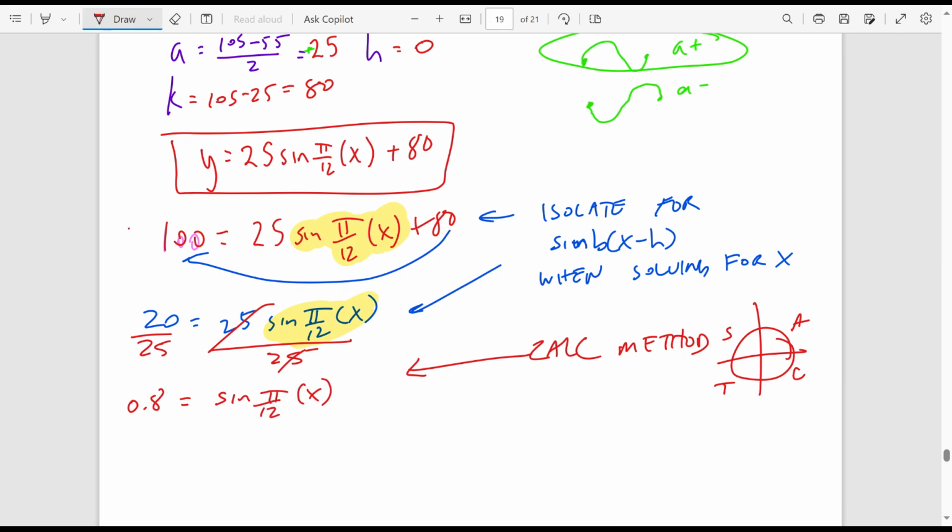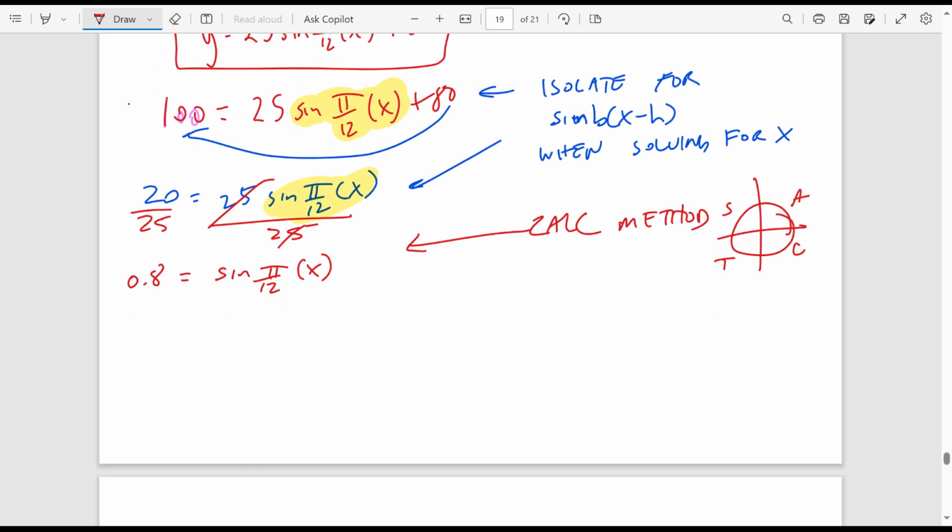Because I've now isolated for sine bx minus h, my next step, and choose to write this whatever way you want, is going to be to write out sine inverse of 0.8. So sine inverse, shift sine 0.8.